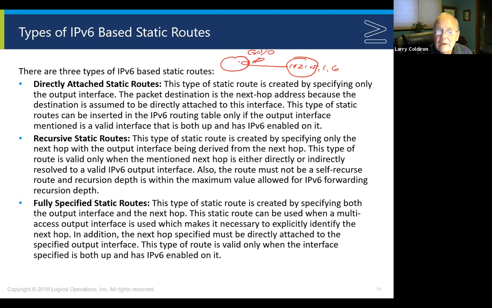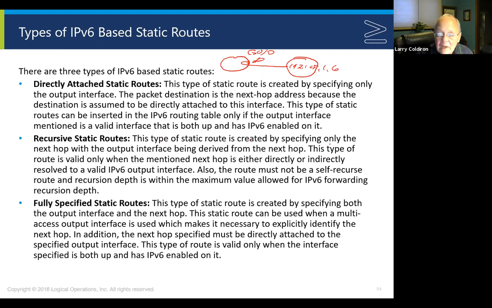If we tell it to go out gig 0/0, it's kind of like getting in a tunnel and going under the river, or any of the tunnels in the interstate. Once you're in the tunnel, that's where you're going. You're going to go to the other end of the tunnel. Once you go out that interface, you're going to go to the other end, and the other end is going to be the next hop address. So for this one, we just specify the interface that's going out.